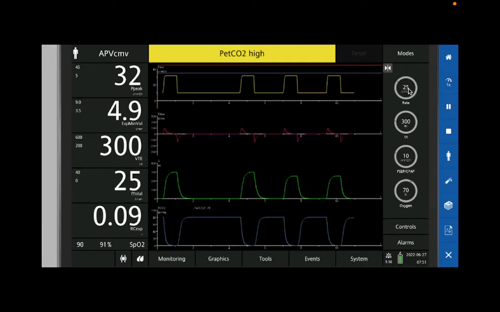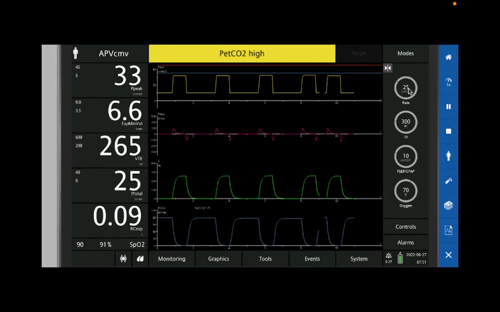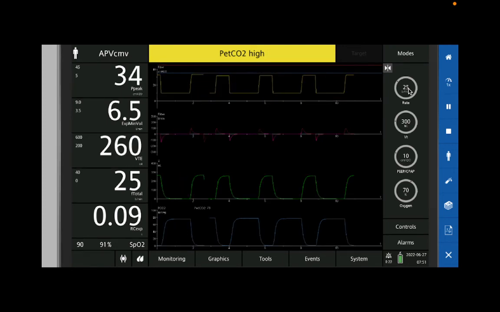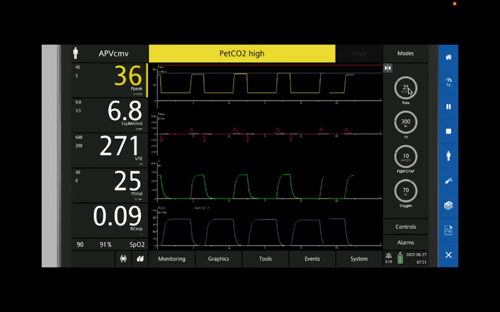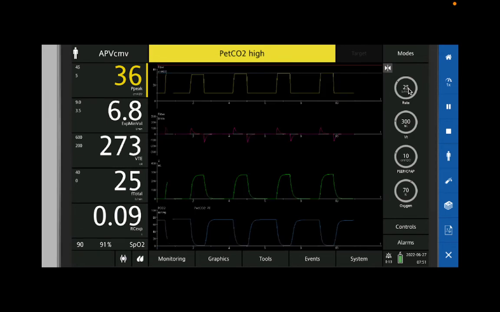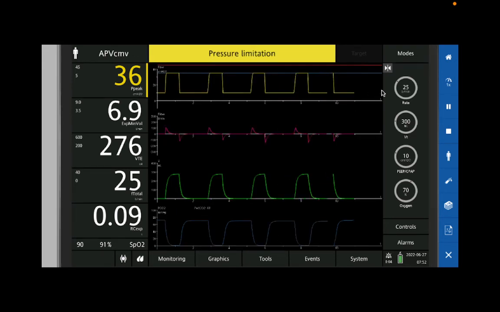We are set at a volume of 300, right? 300 times 25 gives us a minute volume of 7.8 or 7.5. Normal is 5 to 8, right? We probably need at least normal to maintain his CO2 because his lungs are full of junk, okay? So I would probably increase his rate to 25.